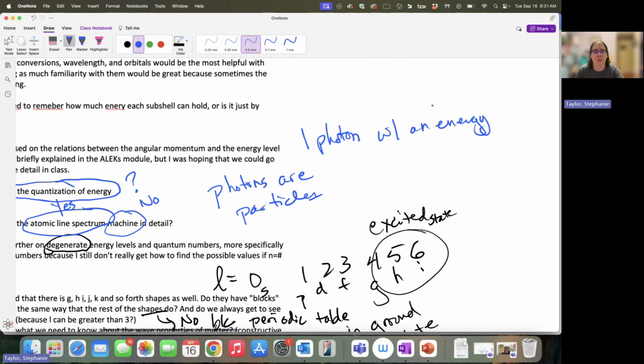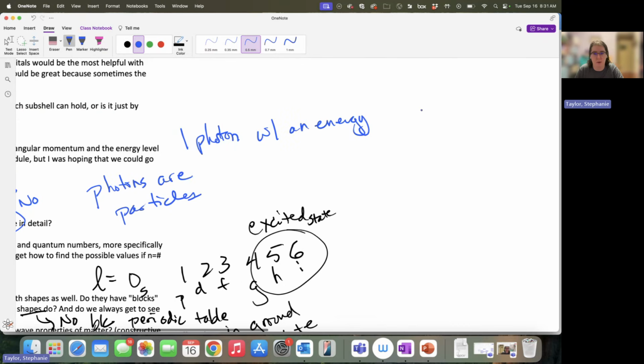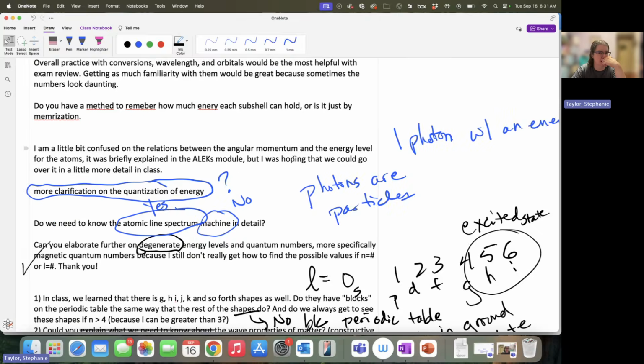So again, part of why we can use the Bohr model, part of why we can talk about energy being related to frequency, is because energy is quantized and we can talk about individual photons having energy. I hope that's what you wanted, but I'm not confident.